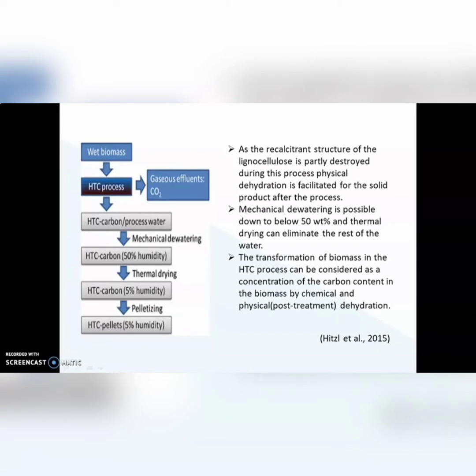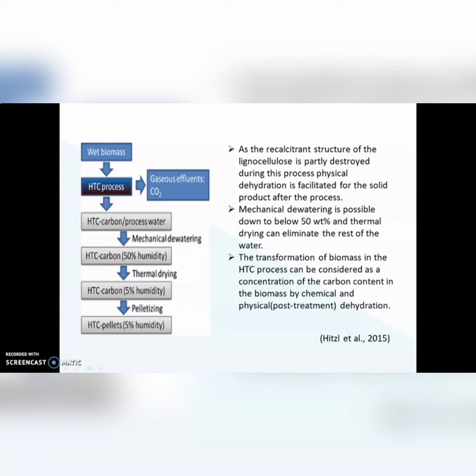Apart from the fact that any lignocellulosic biomass can be processed, these aqueous conditions are the most significant advantage of the transformation, since biomass always contains water between 50% and 90%. For the HTC process, biomass does not have to be dried by means of an energy-consuming thermal process.